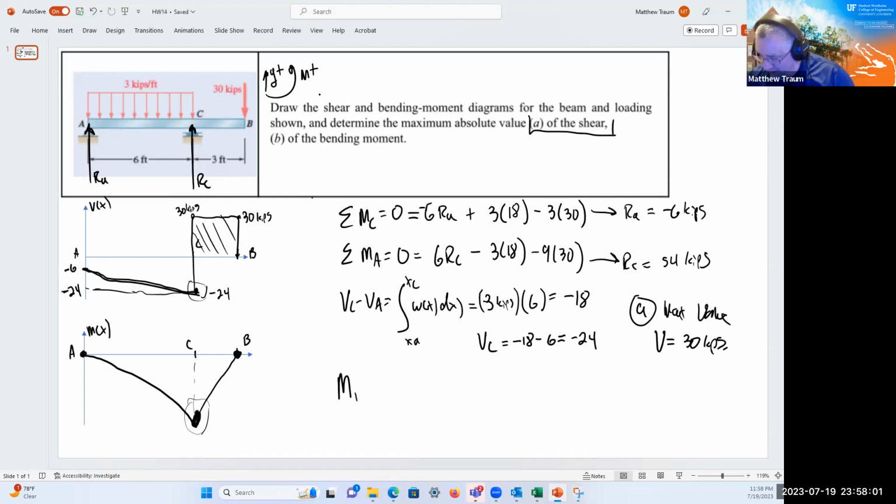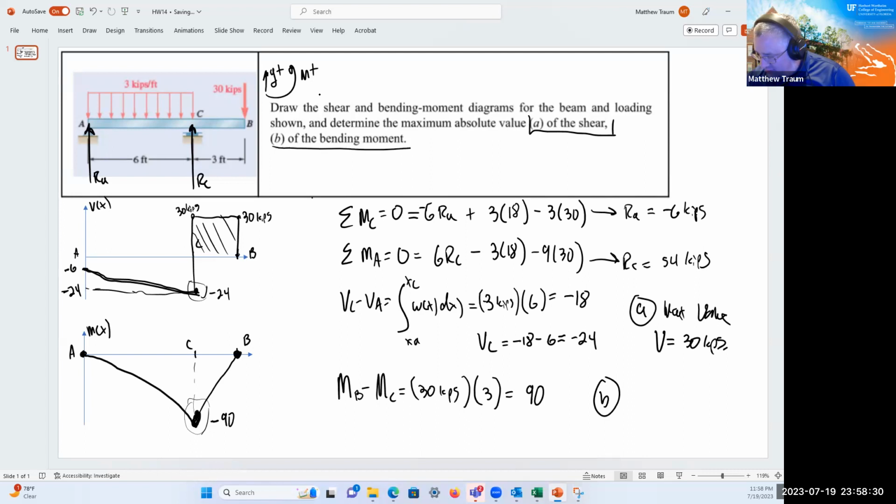So MB minus MC is equal to this area, which is 30 kips times 3, the distance, so that gives me 90, and that's the value here. So this is going to be minus 90, and that's the answer to B.